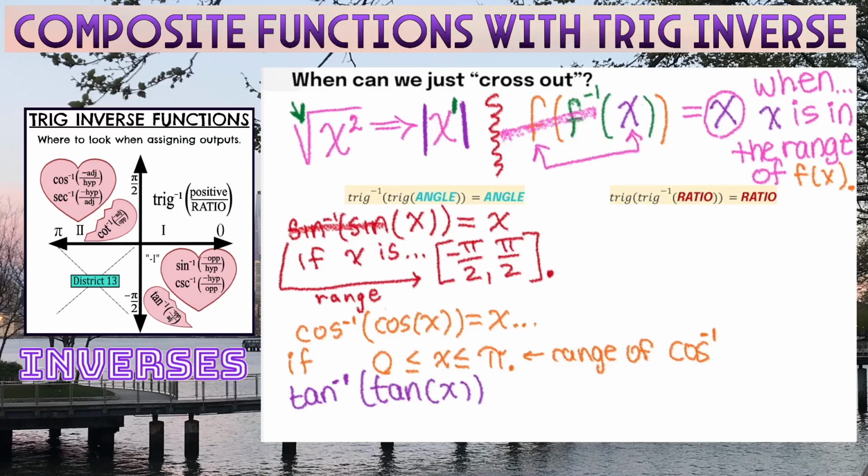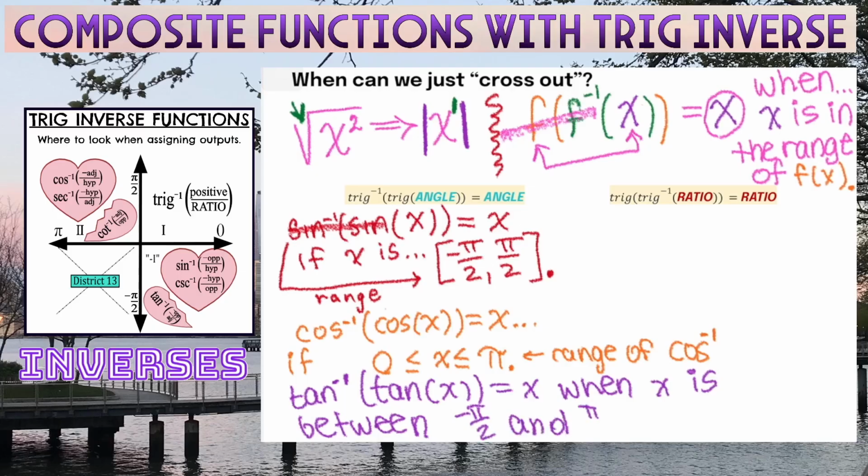Tan inverse of tan x will equal x when x is between negative pi over 2 and pi over 2, because again, that will be the range of tan inverse. And you could look at the heart chart to see that. So really, sine and tangent are quite similar in that way.